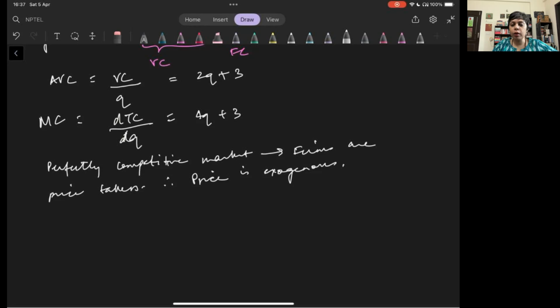What we're talking about is that the price is given, market price is fixed at whatever it is, and firms only decide whether to produce or not and what quantity to produce. That is the only decision the firms are taking.